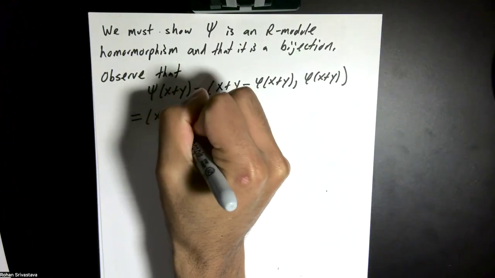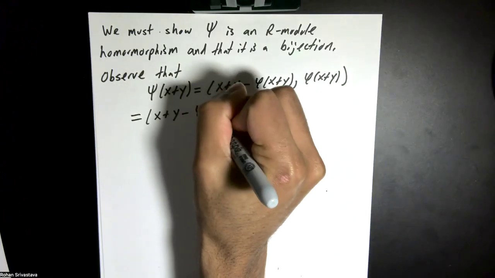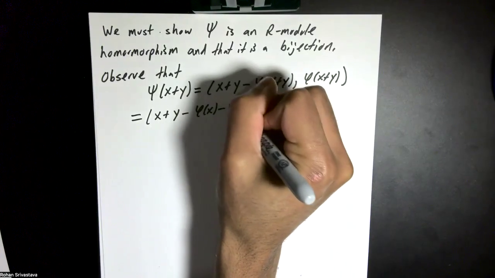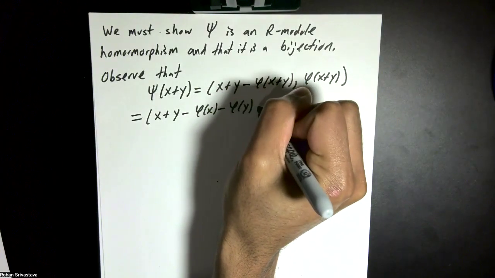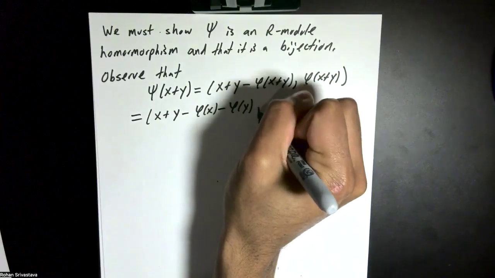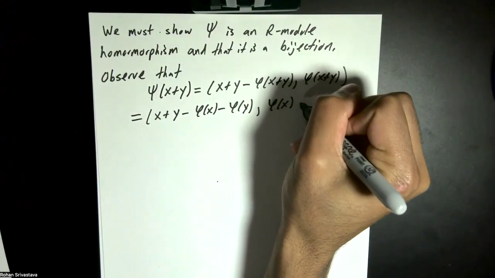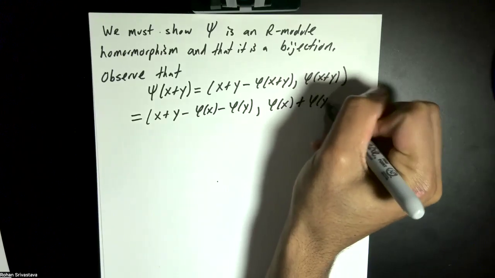This is going to be x plus y minus phi of x minus phi of y, comma, breaking it up on the right as well, phi of x plus phi of y.